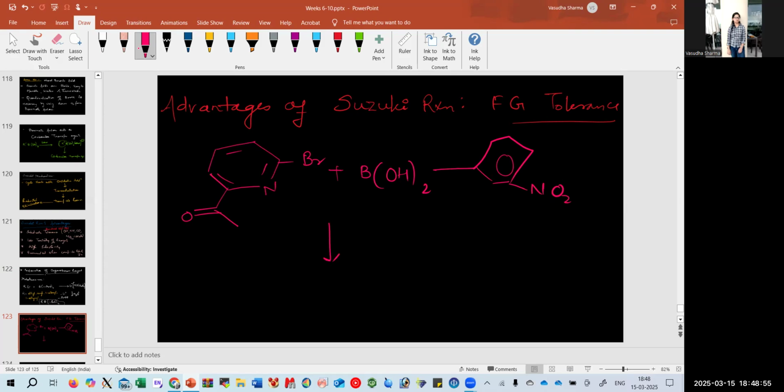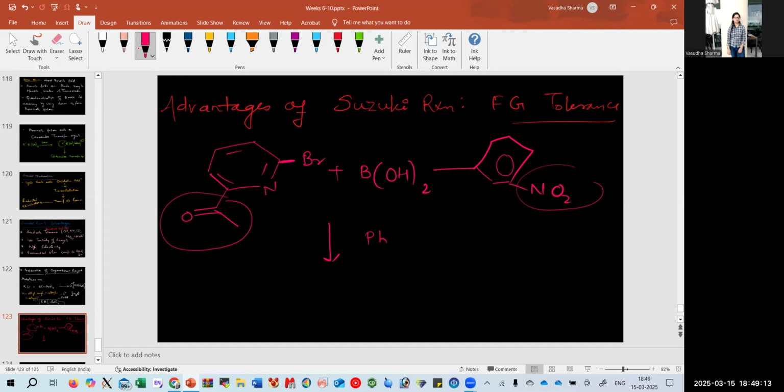At this point, we know that this is your aryl bromide and this is your boronic substrate, which is your coupling partner. And there is a ketone group, there is a nitro group. Nothing is going to happen to these functional groups because it is having a tolerance.